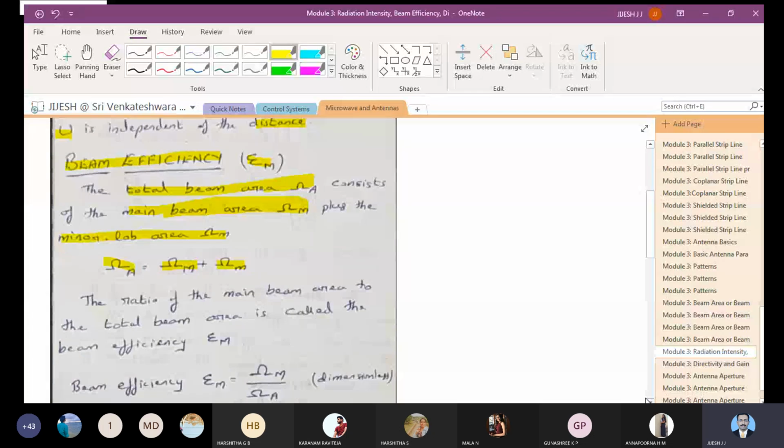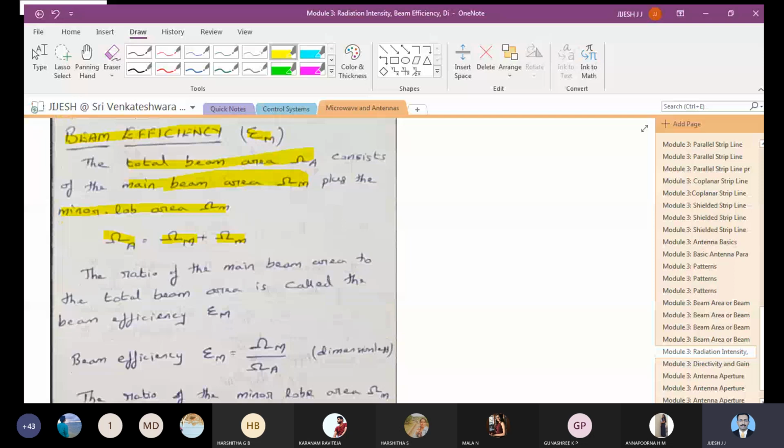So we will define the beam efficiency. This topic is to understand what beam efficiency is. When you take the ratio of omega capital M divided by omega A, you are taking the ratio of the main beam area to the total beam area. This is called beam efficiency.